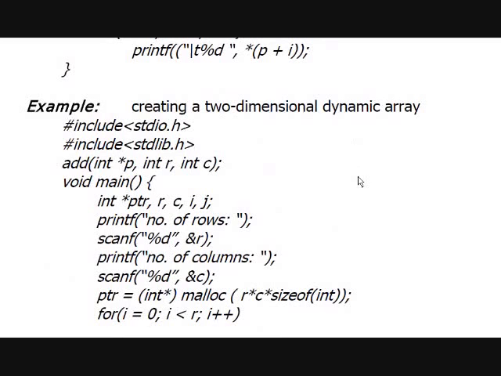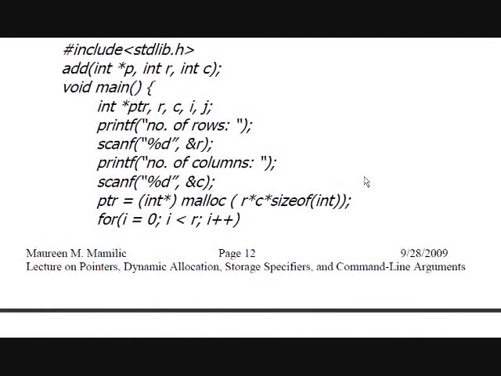Okay, so when we discussed two-dimensional arrays before, if you notice, when we pass the array to a function, the function should have a parameter that will accept the number of rows and the parameter that will accept the number of columns.